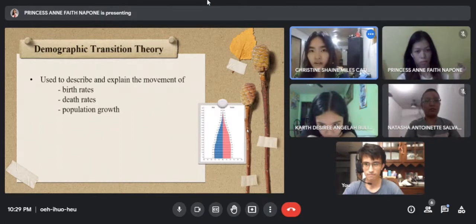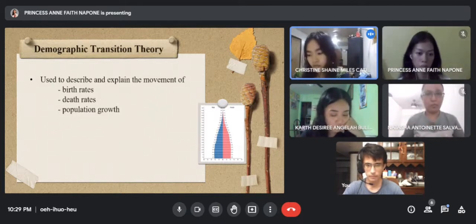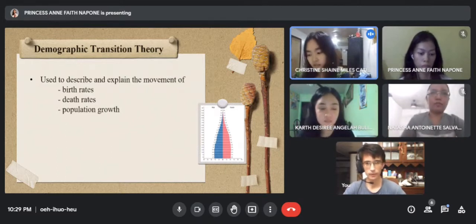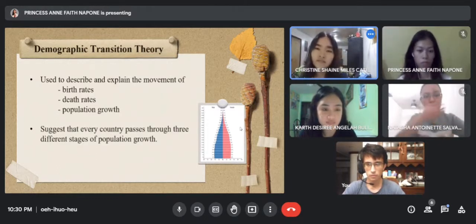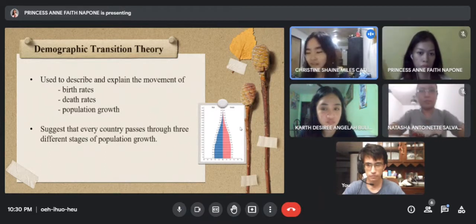Demographic transition theory is used to describe and explain the movement of birth rates, death rates, and population growth. This theory suggests that every country passes through three different stages of population growth. And in the demographic transition theory there are three stages, and these stages will be further explained by Clark.